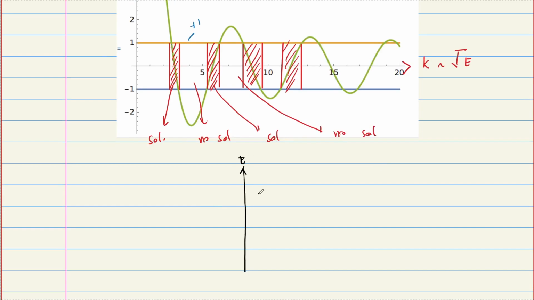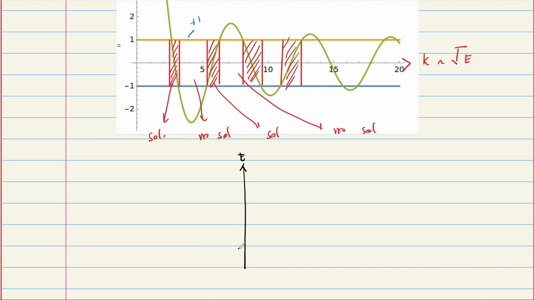So this is E, and there is a domain of energy where I have a solution of the Schrödinger equation. This is what we call an energy band. And there is a gap. There is no solution here, exactly like quantized levels. But rather than a single level, I have a band of energies. There's a gap, then another energy band, another gap, another energy band, and so on.